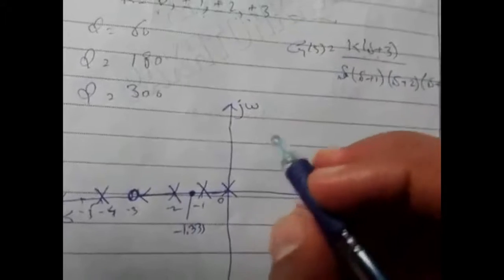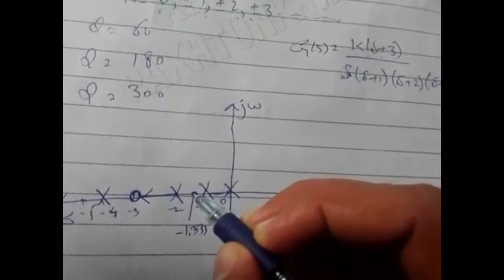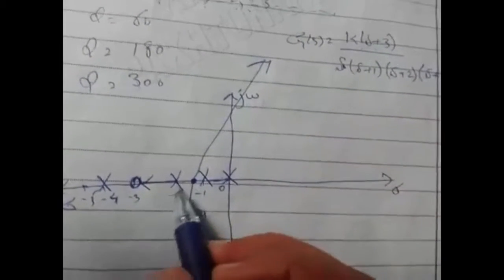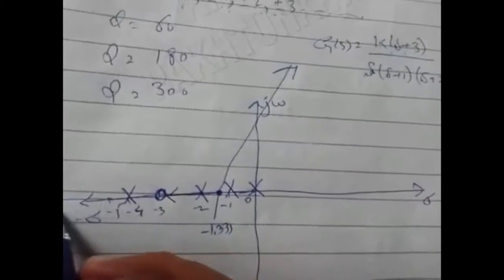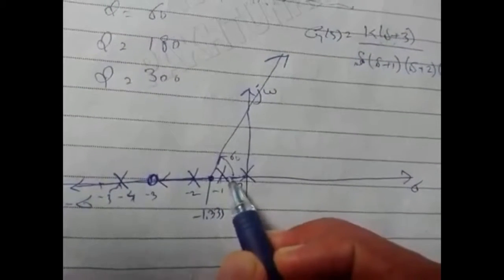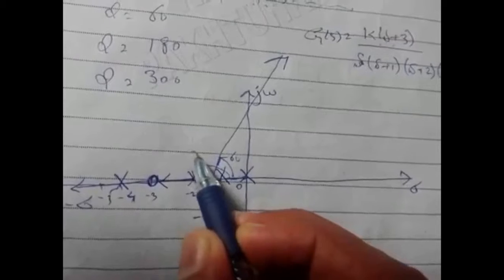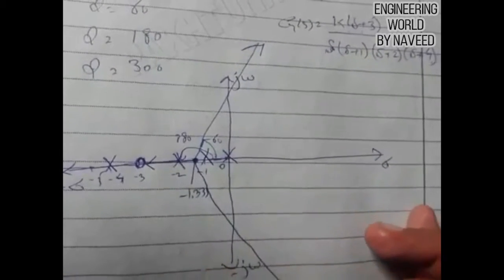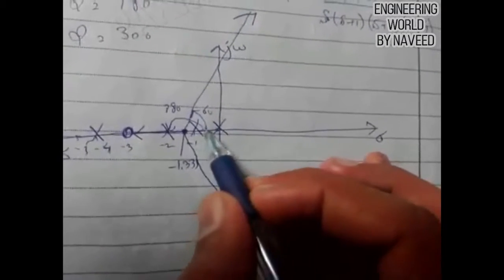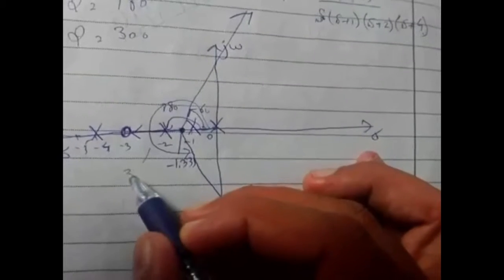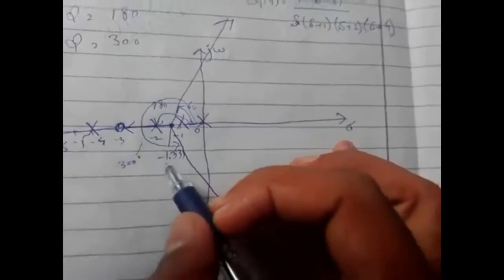Now write the angles of the asymptotes. One angle will be like this straight line, another will be like this one at 60, this one is 180, and another angle will be like this one, and this angle will be 300 degrees.